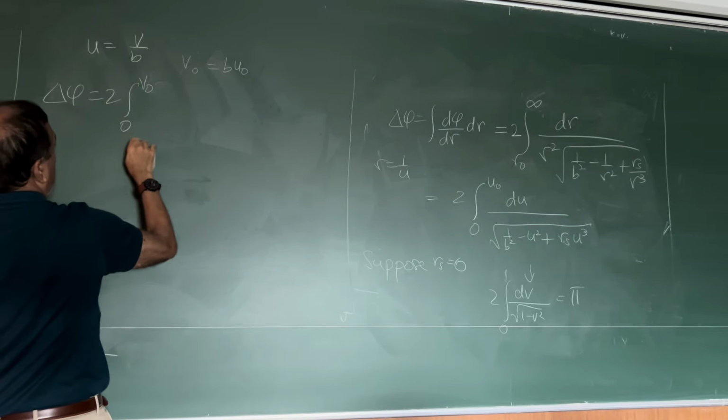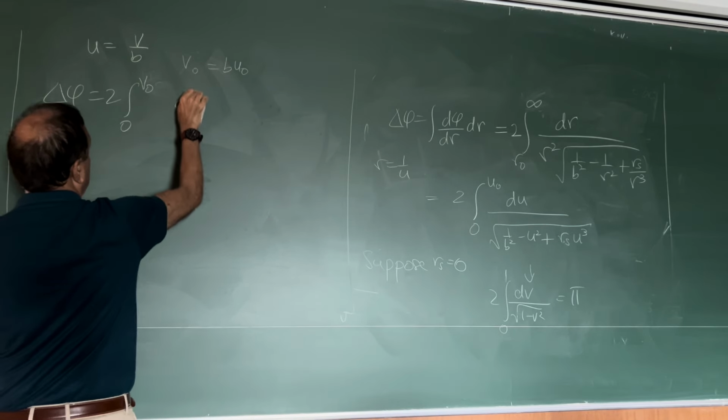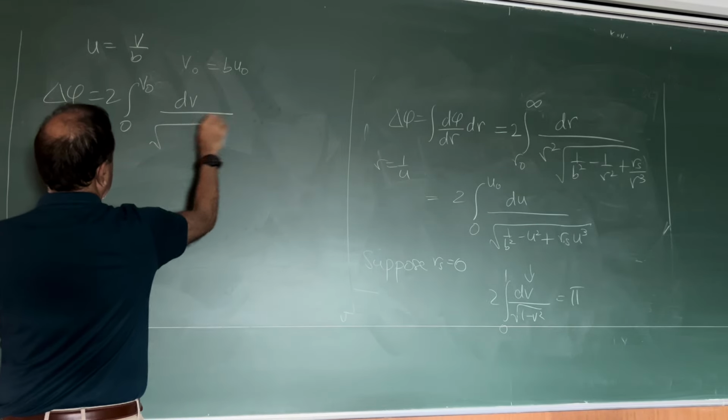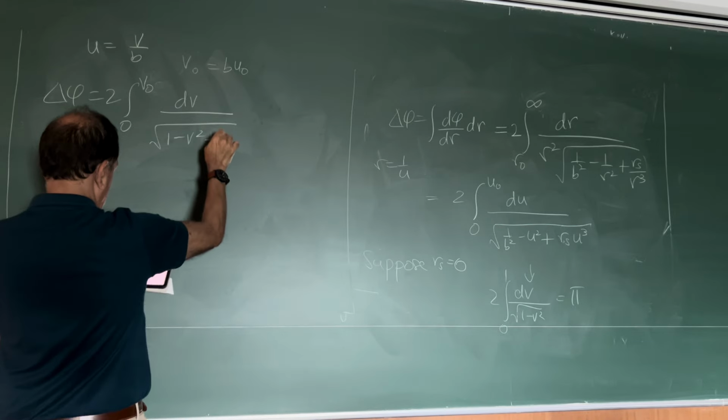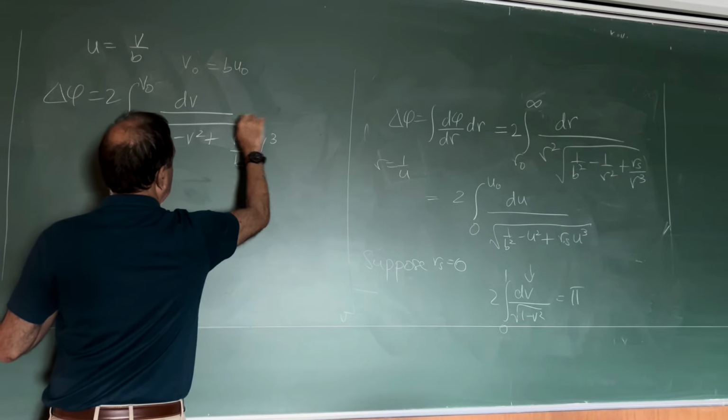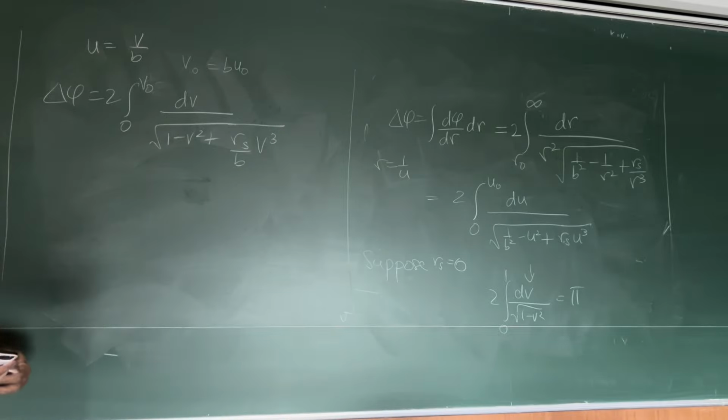So now it will be from 0 to v0 dv upon square root of 1 minus v squared plus rs upon b v cubed.